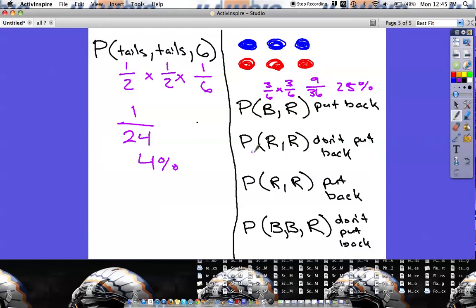Now, our next situation, you're going to draw out a red, and then you're going to not put it back, meaning you're either going to eat it or throw it away or something, then you're going to draw another red. So my first chance of this would be 3 out of 6. I'm not putting it back, so that gets rid of that one right there. So now I have to take this separately. What is my chance of getting a red?